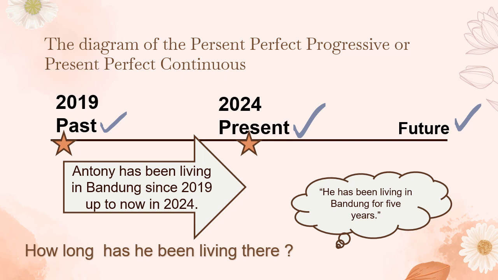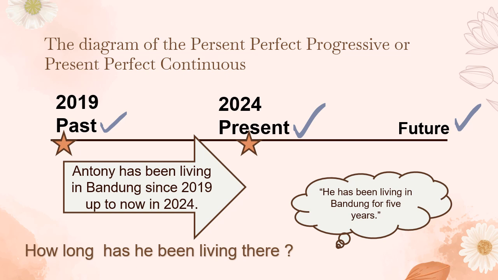In bahasa Indonesia, waktu memiliki 3 kategorisasi: masa lalu, masa kini, dan masa depan. Dalam diagram present perfect continuous, suatu tindakan dimulai di masa lalu dan berlanjut hingga saat ini.